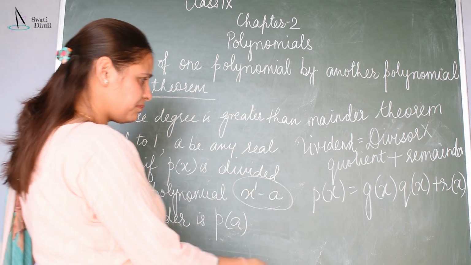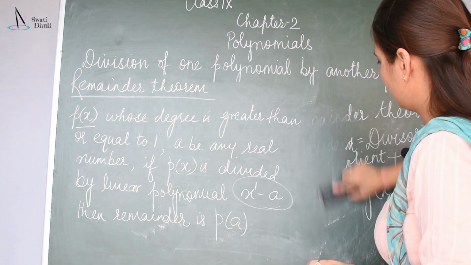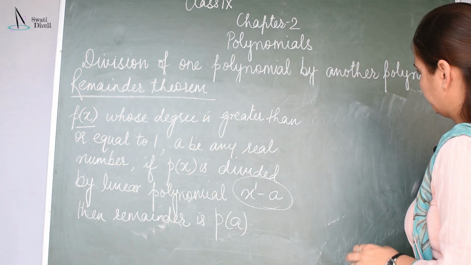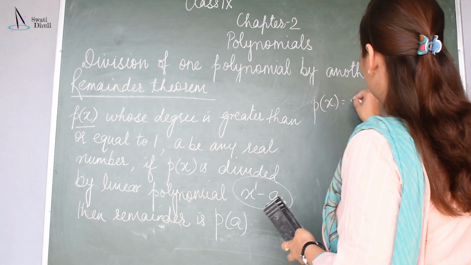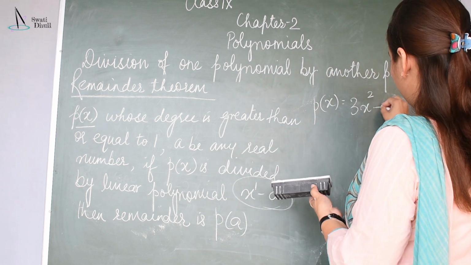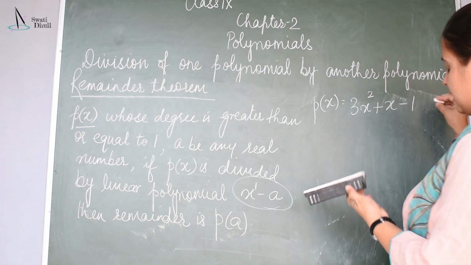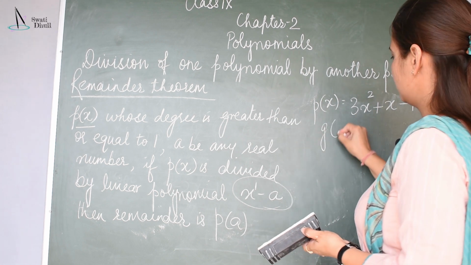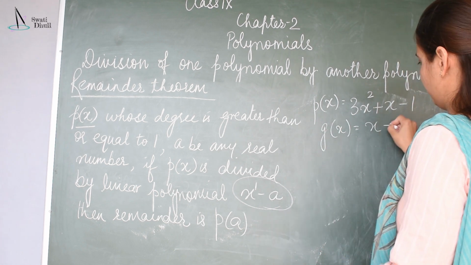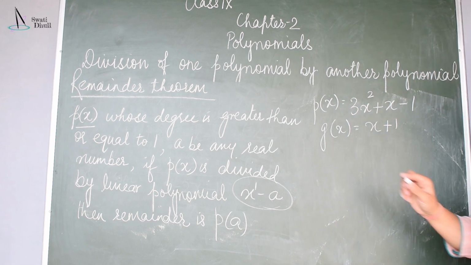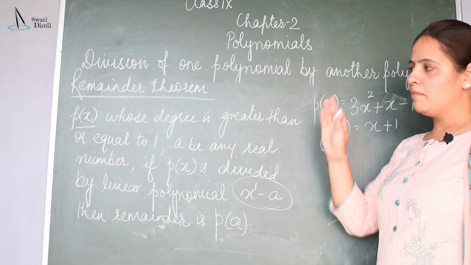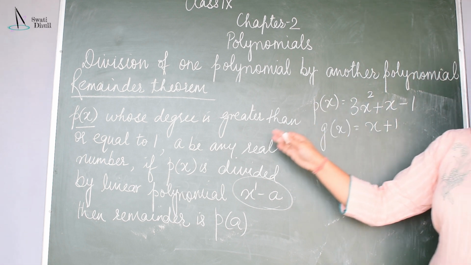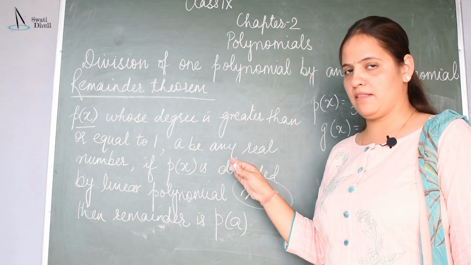That means, let me give you an example for it. Let's say we have this example, and I have taken g(x) as x plus 1. Now if I say divide this polynomial by this polynomial by the long division method, which we have done earlier, that was a long division method.